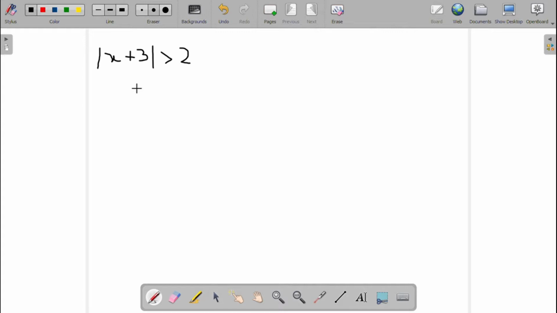One thing that we studied in the last video is that when we remove the modulus, we write the expression on the left hand side as it is, but on the other side it will be greater than plus minus 2. Now we solve for x separately, one with the positive 2 and one with the negative 2.